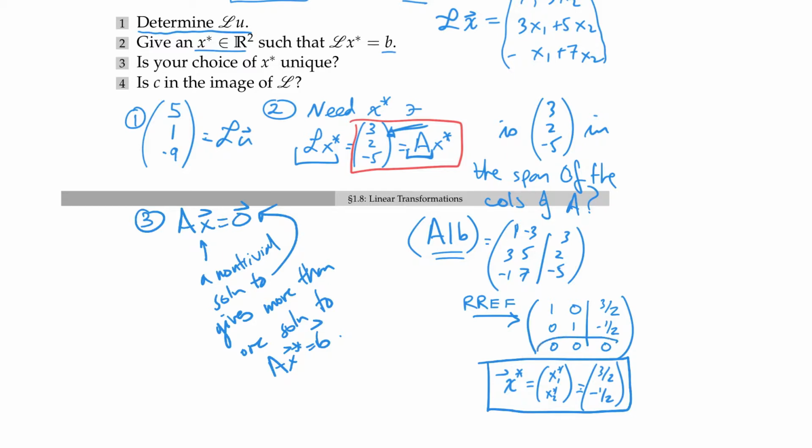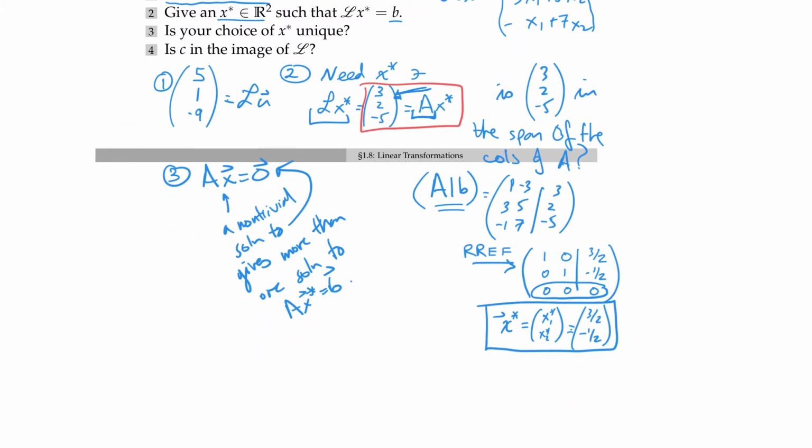Now this is where some confusion is going to happen. You're going to say, well, look, there's a 0 row. Therefore, we have a free variable, yada, yada, yada. That is not the case here. We only have the trivial solution. Now, to hammer this home, let's look at Ax equals 0, like I promised.